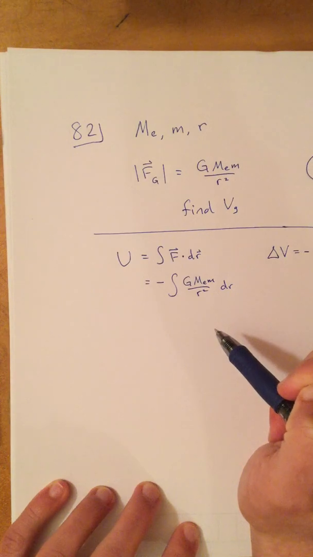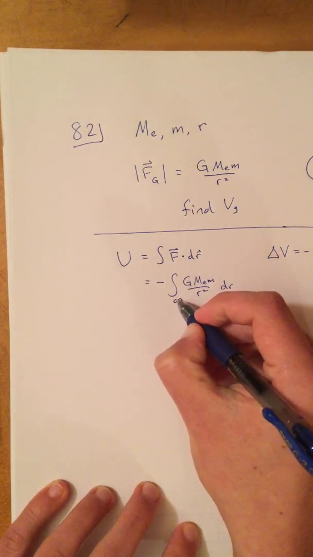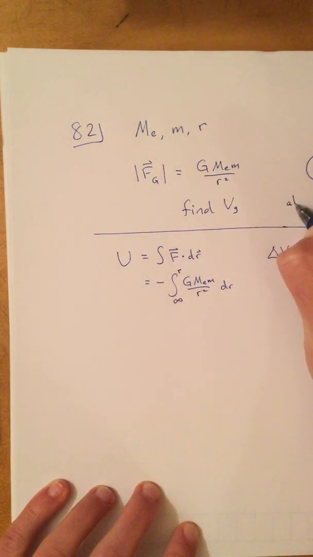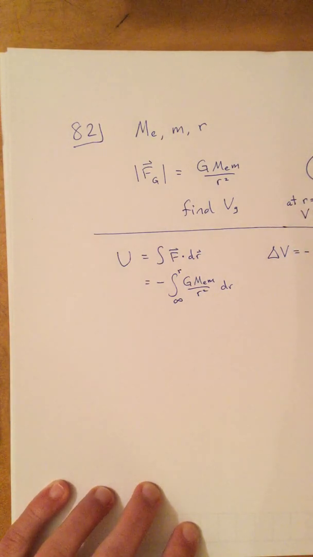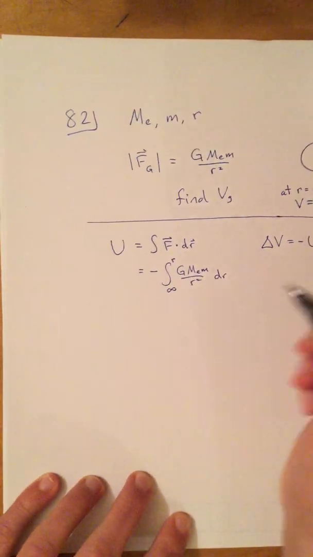We are locating the datum very far away at infinity. Our initial point is infinity, our final point is r, and at r equal to infinity, the potential is equal to 0.